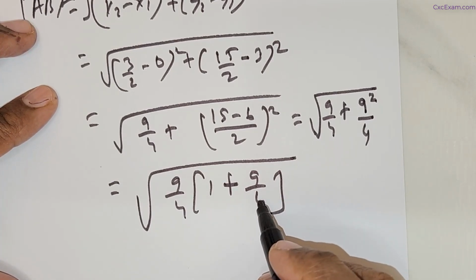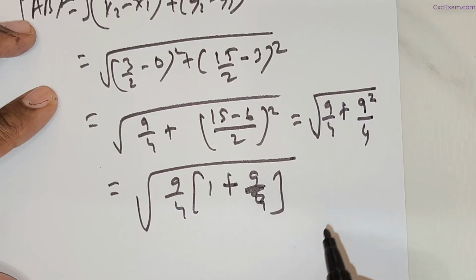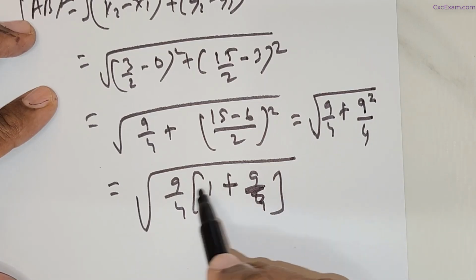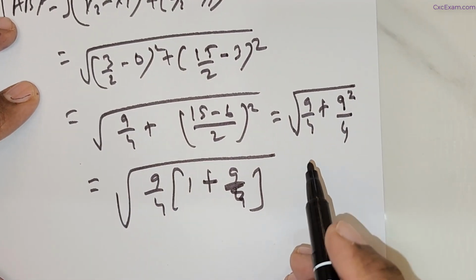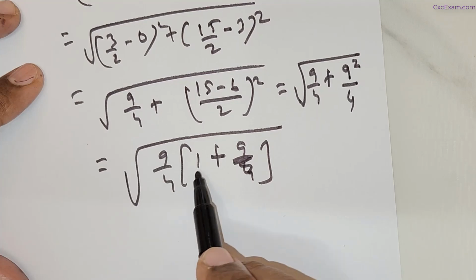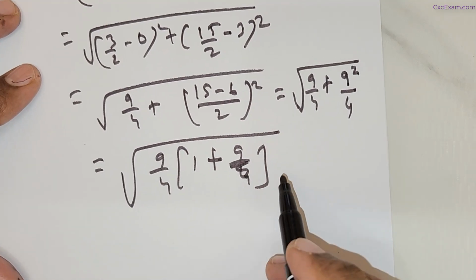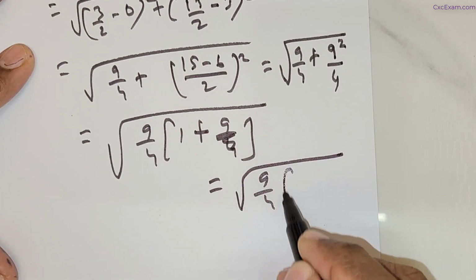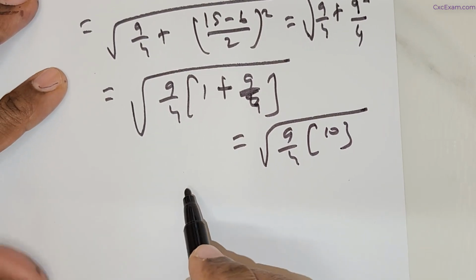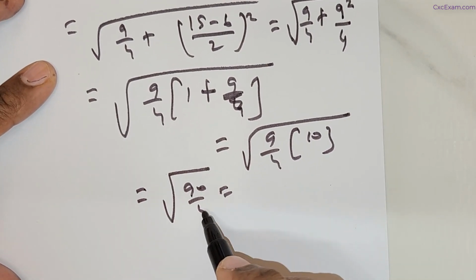So if I were to take 9 over 4 out, I get 1 positive 9. So I take 9 squared over 4, and 9 over 4 times 1 will give 9 over 4. So this is going to be root of 9 over 4, and 9 added to 1 will give me 10. So this is going to be root of 90 over 4.